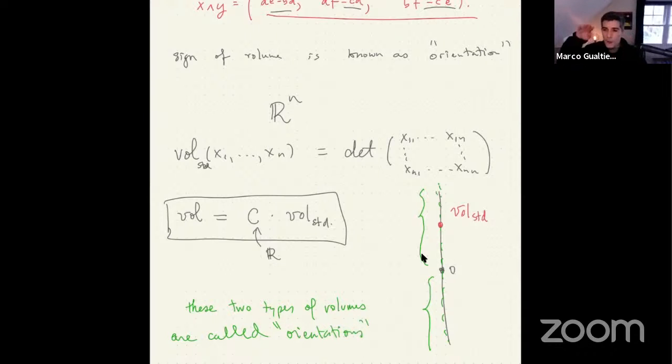So when you choose a volume, any positive multiple of it determines what is called an orientation. And there's two different orientations. It's like on a sheet of paper, there's two sides, right? If you flip something over, you change its orientation.